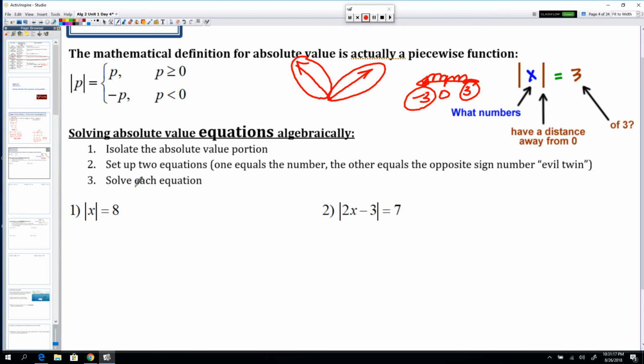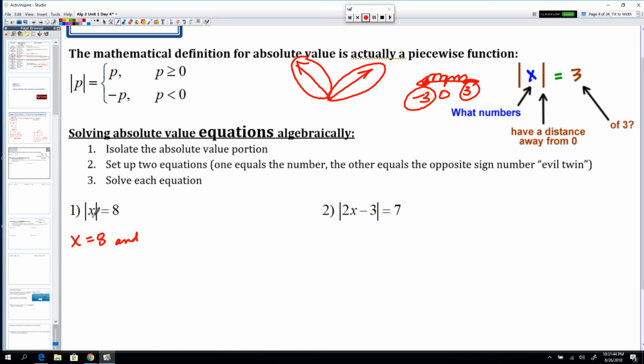So let's take a look at number 1. Number 1 says the absolute value of x equals 8. Step 1 says isolate the absolute value portion. That's been done for us. There's nothing glued to the front, or over on this left side except the absolute value portion. So step 1 was done for us. Step 2 says set up two equations. One equals the number, so we take the stuff inside the bars and make it equal to the number.